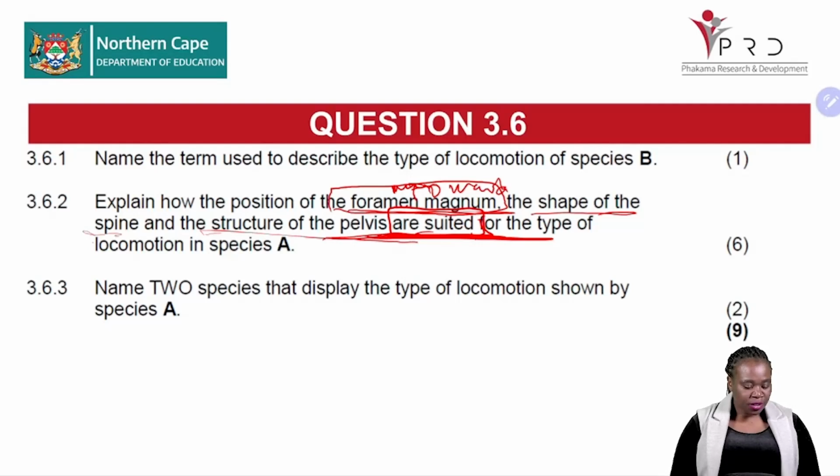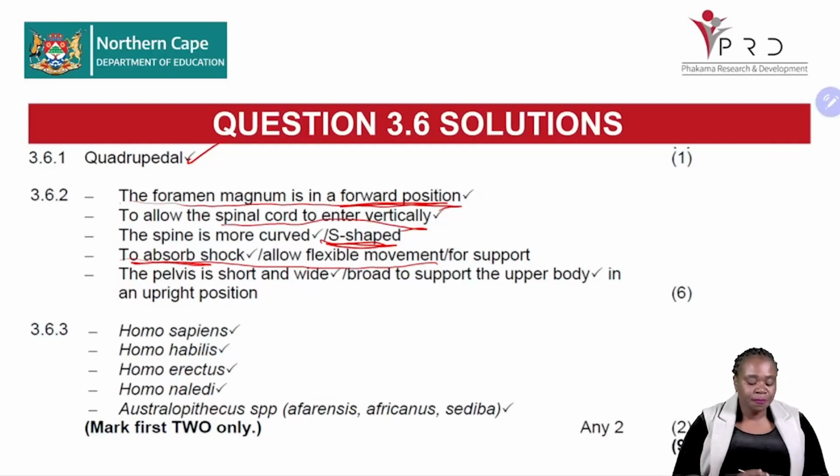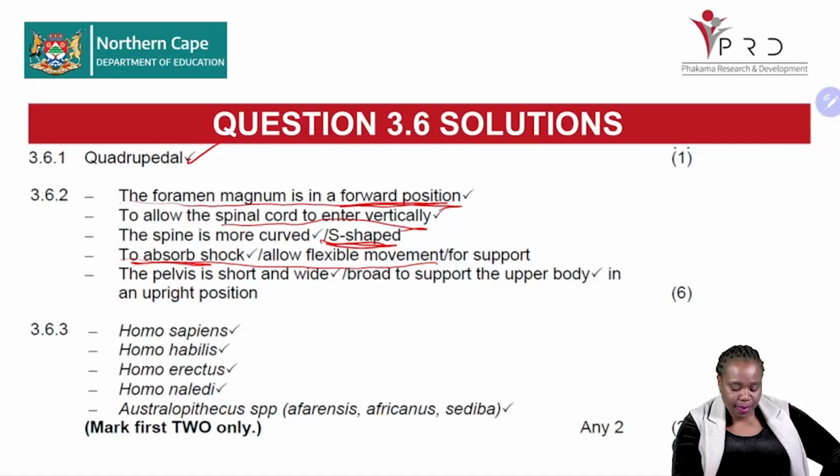Now 3.6.3 says name two species that display the type of locomotion shown by species A. So organisms that are bipedal, basically. So you should also know this. You should also know that the Homo sapiens are bipedal. You should know that the Homo habilis are bipedal as well. You should know that the Homo erectus, Homo naledi, as well as the Australopithecus species are also bipedal, right?